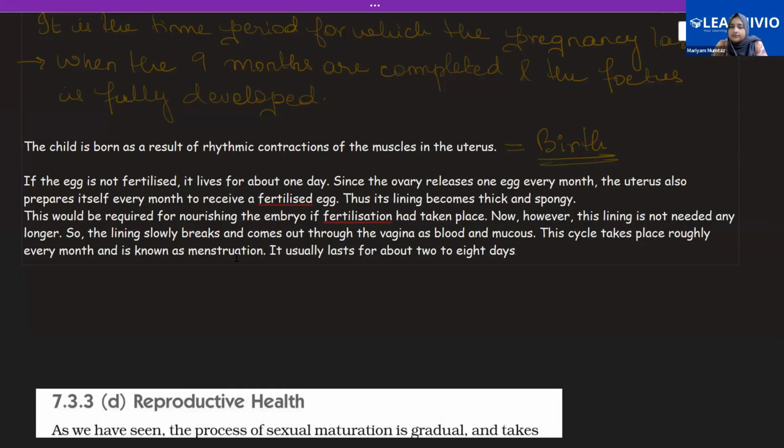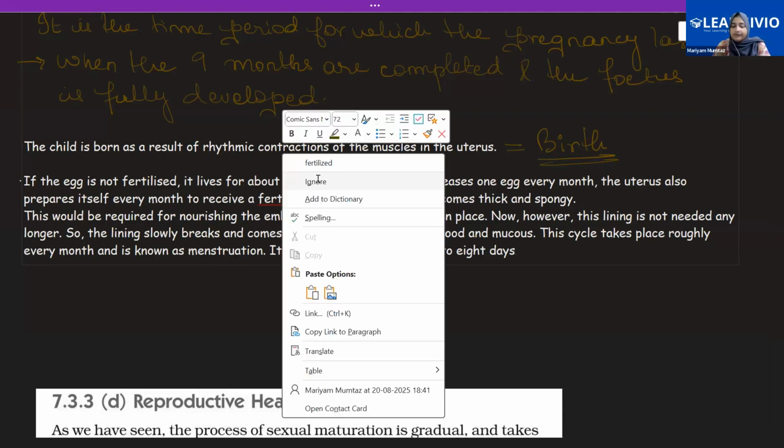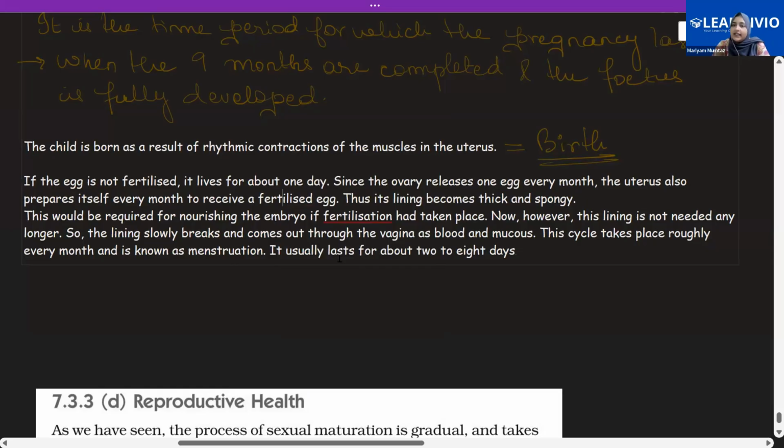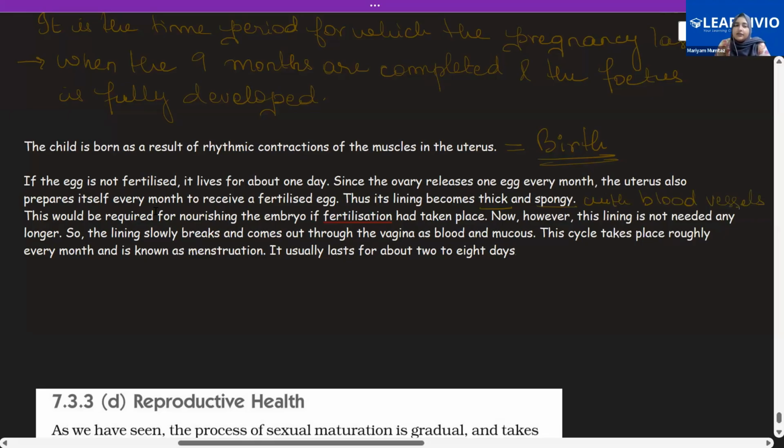During that time, the uterus also prepares itself every month, thinking that the fertilized egg will get embedded into it, right? So the lining becomes thick and spongy with blood vessels. A lot of blood vessels join to make the whole thick layer in the uterus. And this would be required for nourishing the embryo if fertilization takes place.